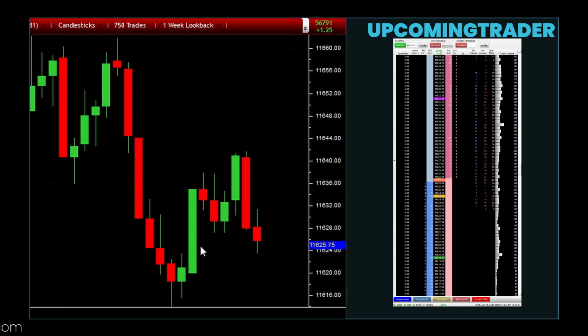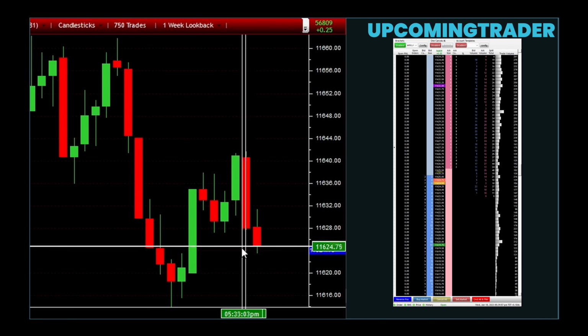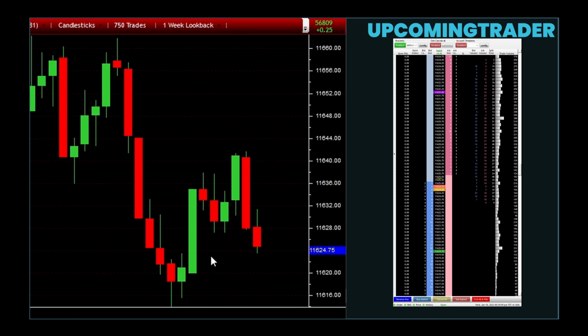When price approaches these high volume areas, it often reflects a collective decision point in the market. By monitoring these zones closely, you can better anticipate potential price reactions, giving you a critical edge in planning your trades and managing risk.